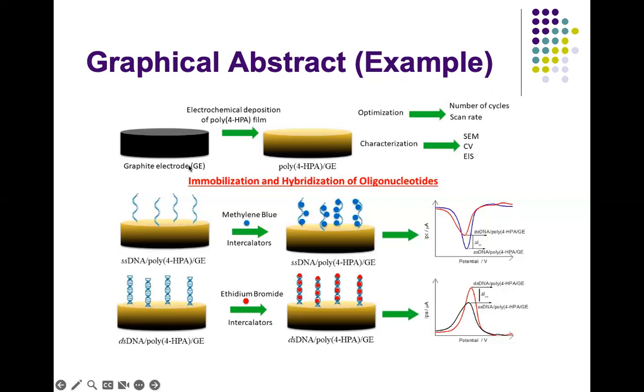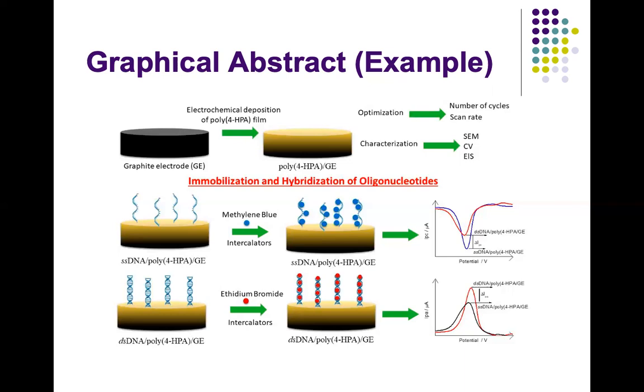Additionally, because he or she is going to use DNA, I know the DNA will be on top of the polymer. And I'm not going to talk about the DNA hybridization, but the process before obtaining the signal is by using this material called methylene blue. So if you understand the process, it is very easy.